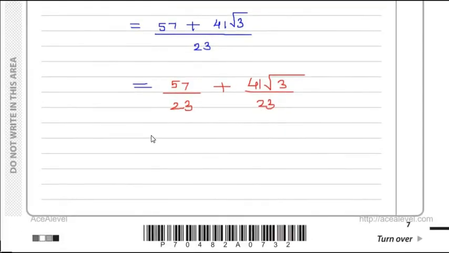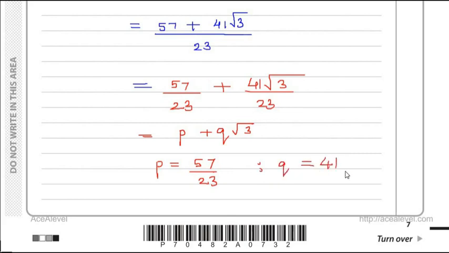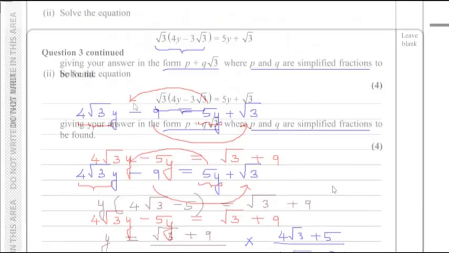If you compare it with p + q√3, you can see that p is 57 over 23 and q is 41 over 23, and these are the most simplified fractions. This is how we solve the given expression.